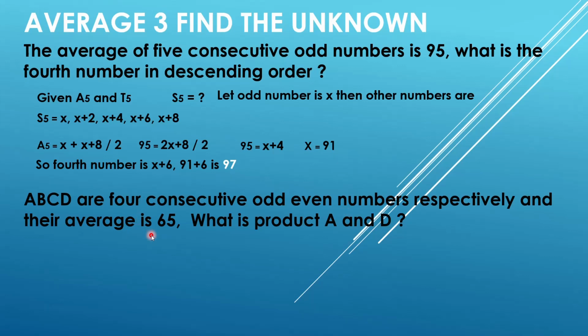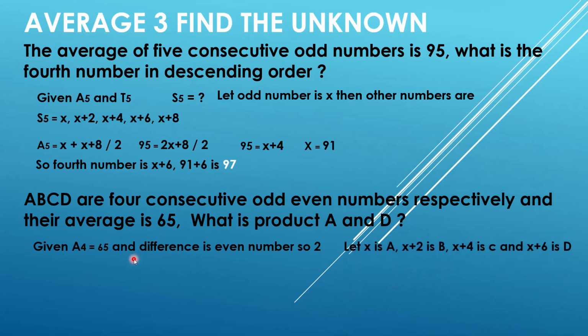So this is your question. a4 is given, a4 is equal to 65, and the numbers are odd, so the difference is 2. So we can apply that method. First we consider x as a, then the next number will be x plus 2.